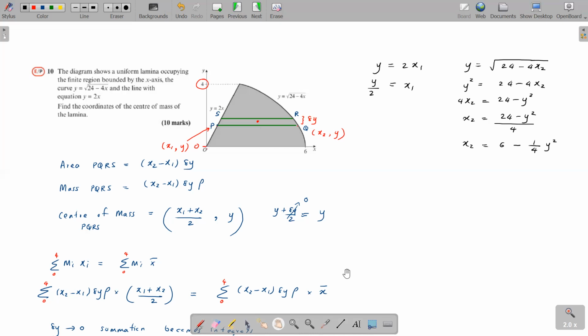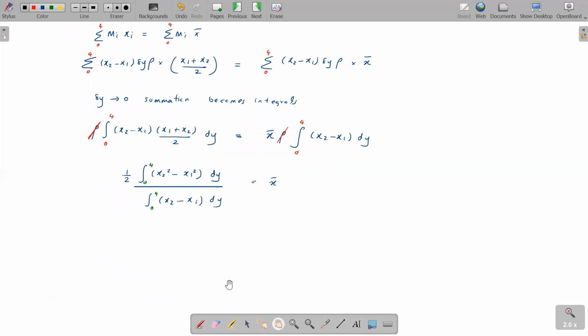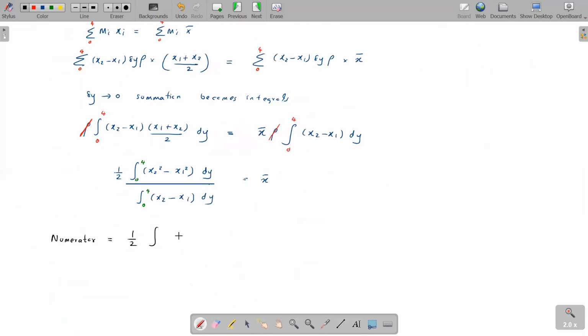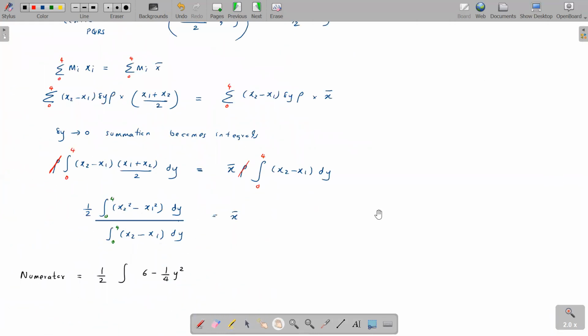Yeah. So x1 is y over 2. So I'll go for the numerator first, okay? Half of integration x2 is 6 minus 1 over 4 y square. Okay, but you can see it's not just x2, it's x2 square. So my x2 value is 6 minus 1 over 4 y square.